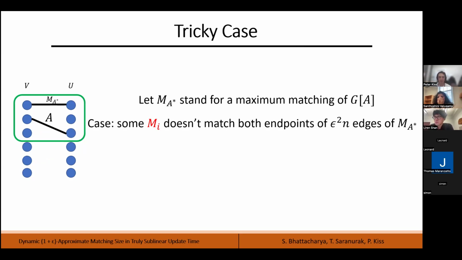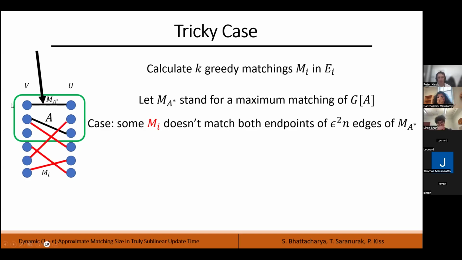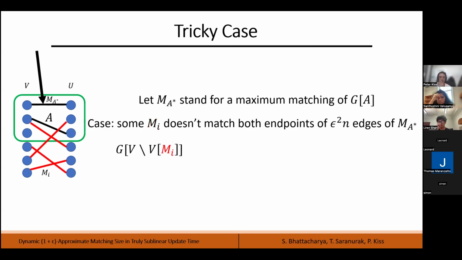Okay, this might have been a complicated statement to swallow. The point is that it looks something like this: there is some fraction of these black edges, which is a large matching inside of A, such that one of the K matchings we calculated ignores both of their endpoints. So why is this good for us? Well, let's look at the induced subgraph which ignores the endpoints of the red matching we calculated.